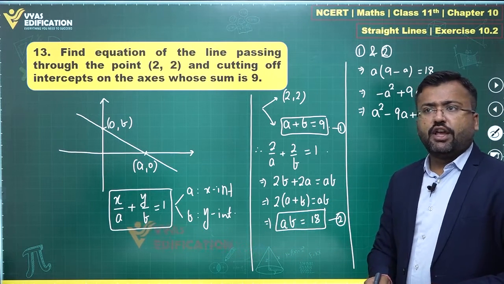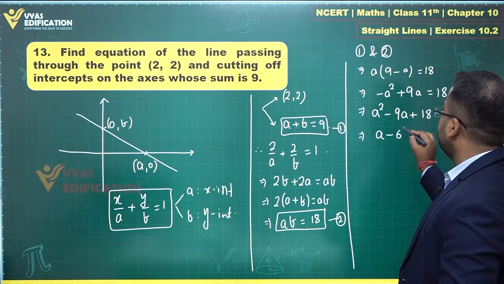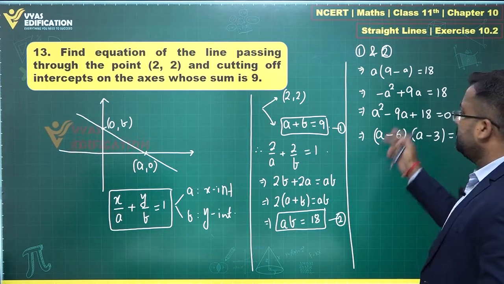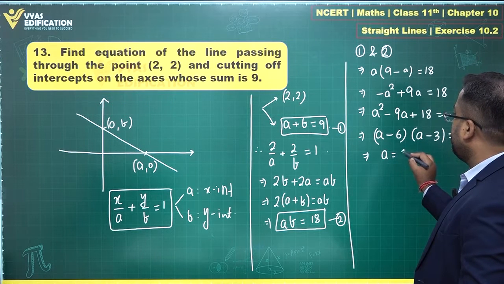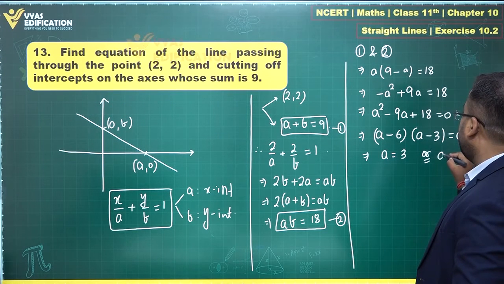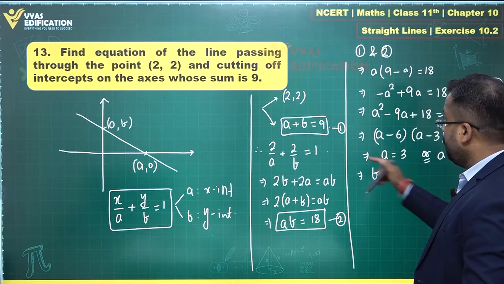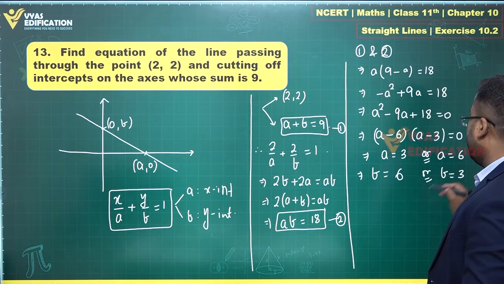And 18 can be factorized as 6 and 3. This becomes (a minus 6)(a minus 3) is equal to 0. 6 and 3, the sum is 9. This tells me that a will be equal to 3 or a will be equal to 6. This further tells me b will be equal to 6 or b will be equal to 3.